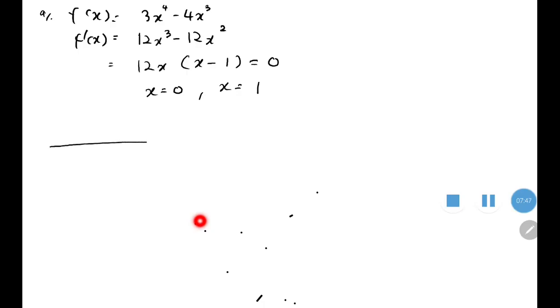Okay, now we want to do the line test. Remember in a previous lecture, I taught you how to do the line test. So the critical numbers are 0 and 1.